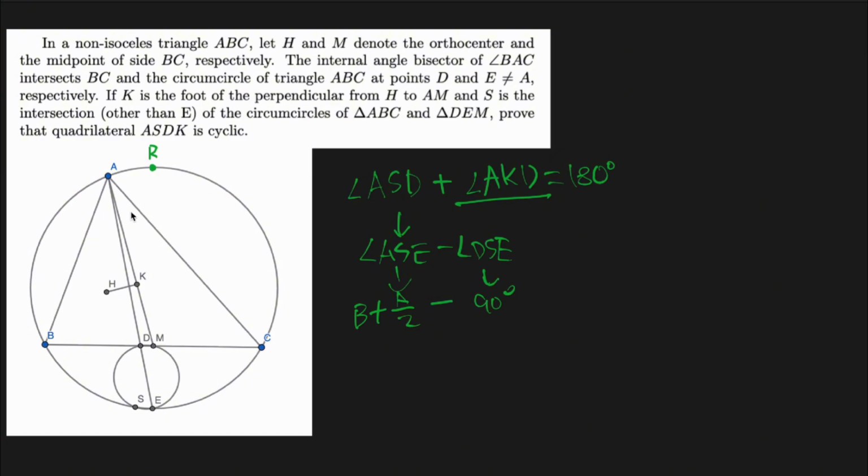Okay, and how do we do that? Well, we know that AKD is supplementary to the angle MKD. So maybe we can just look at angle MKD, and we just want to show that angle MKD is equal to this quantity. Okay, so let's try to write our thinking process down a bit.